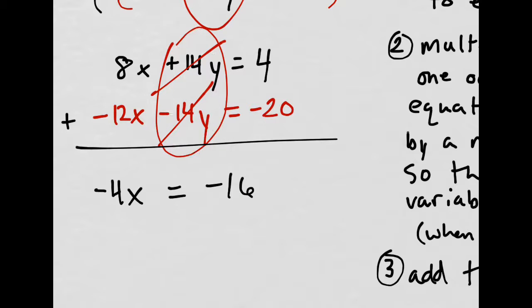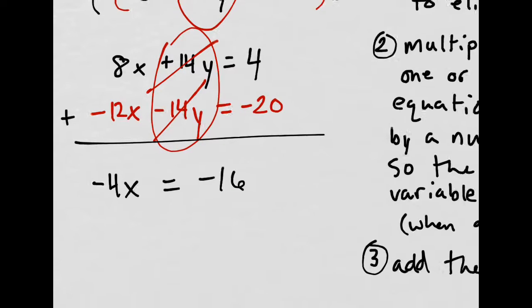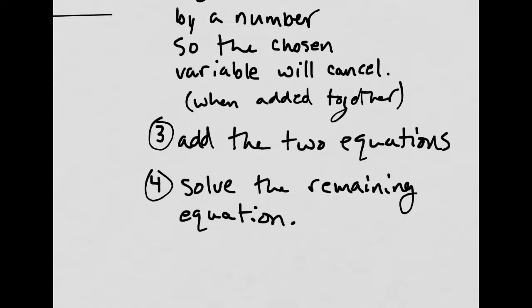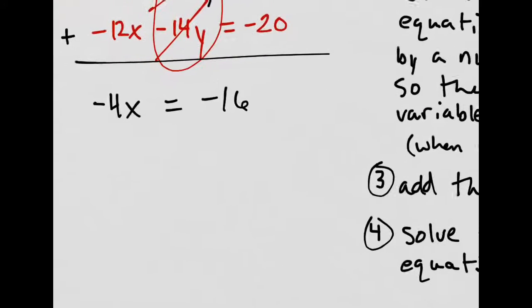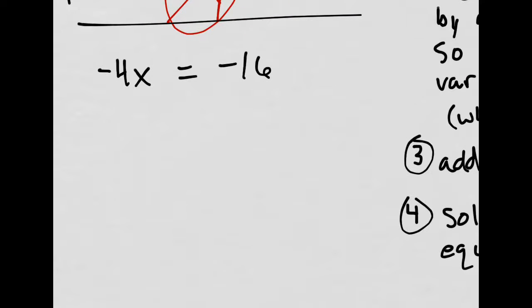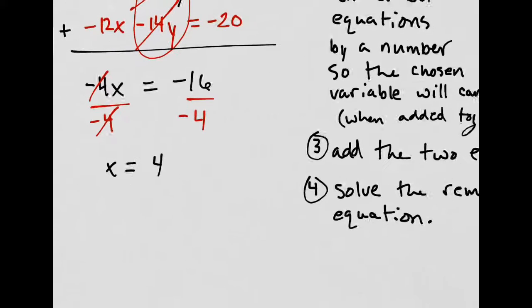The y's canceled out. This is beautiful. The next step is to solve the remaining equation, and that's easy. All we gotta do is divide by negative 4, divide by negative 4, and then we get x equals positive 4. But we are not done.